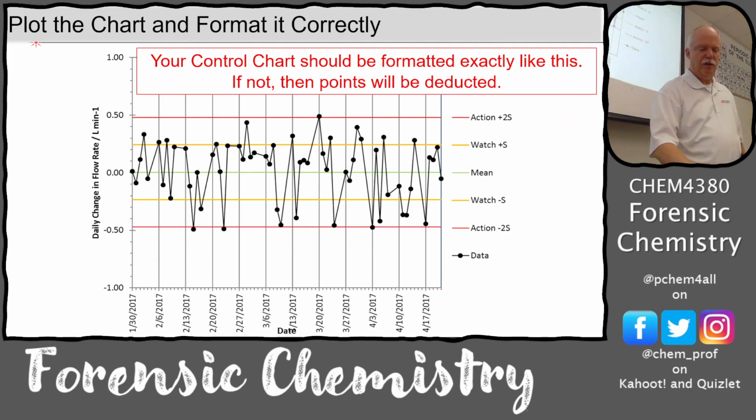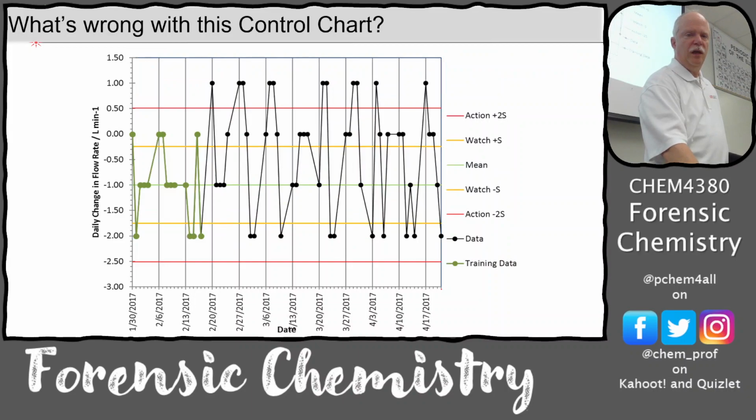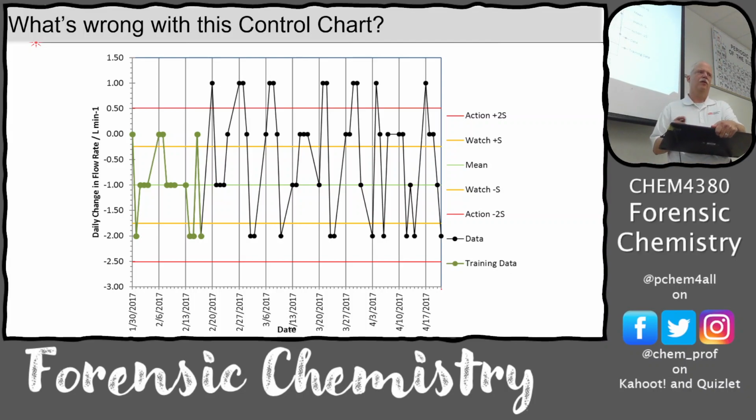So anyway, this is, again, how your chart should be formatted. This is a bad control chart. And again, what's bad about it? I think I've shown this one before. Yeah, that's right. So this is really not continuously variable data. There's not 100 divisions or 10 divisions between the maximum and the min. There's only 4.